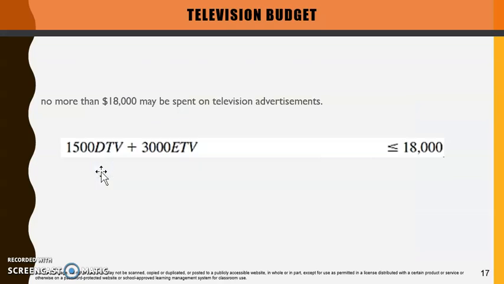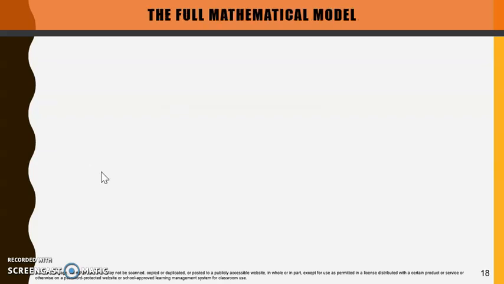After this, we are done and we are ready to show the full mathematical model. As always, we need to also add non-negativity constraints to the whole model because of all those things that I explained last time, that the number of commercials cannot be a negative number.